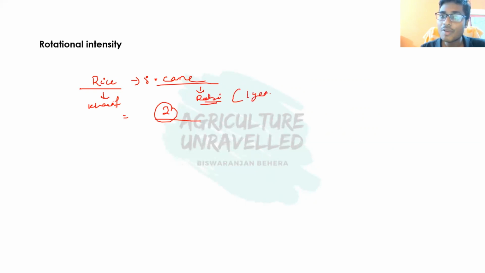Then what will be the rotational intensity? The number of crops is 2, divided by the duration of rotation. Here rice will be in the Kharif season, but sugarcane will be sown in the Rabi season.